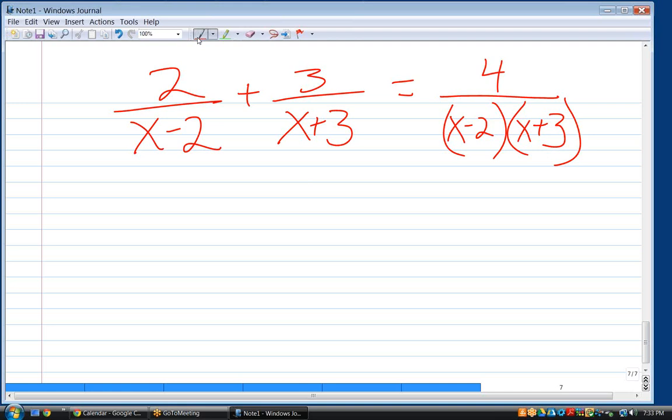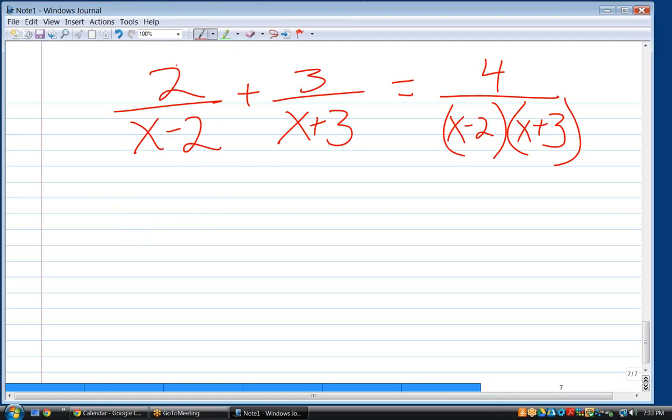What do I have to multiply every term by? X minus 2 and x plus 3? Yeah. So when I multiply this term, what am I left with? 2x plus 6. Remember, always put your parentheses in there.